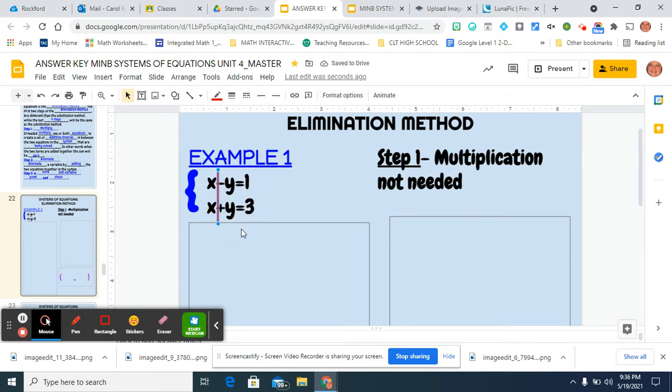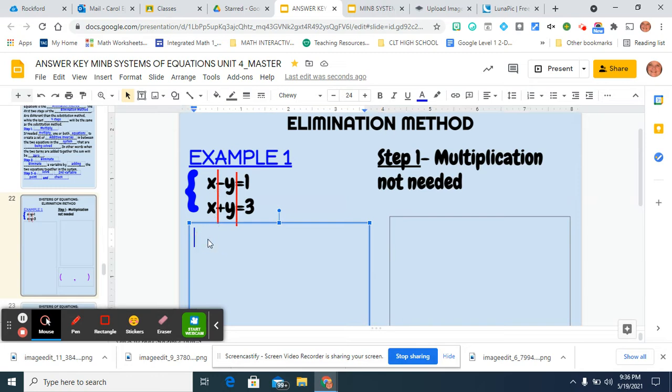So I have one here and one here. So multiplication is not needed in this step. So what I do is I go x plus x, and that's going to give me 2x, and negative y plus positive y, that's going to eliminate, and 1 plus 3 is going to give me 4.